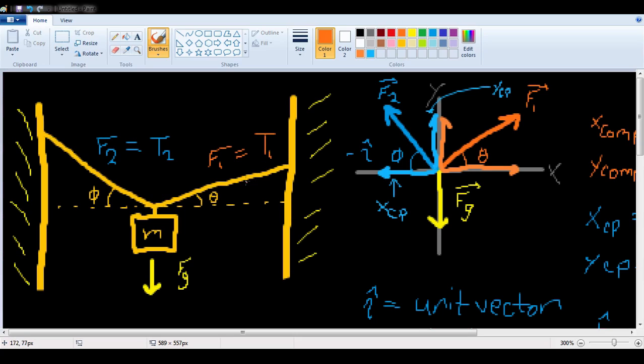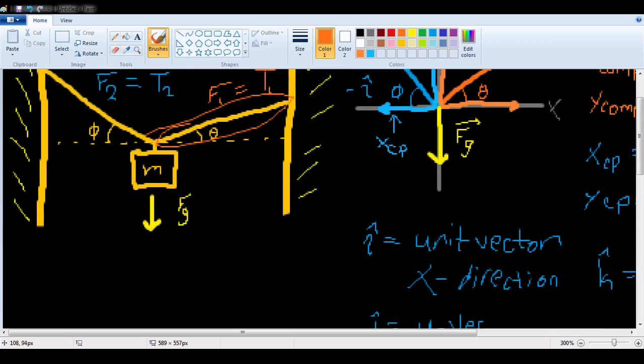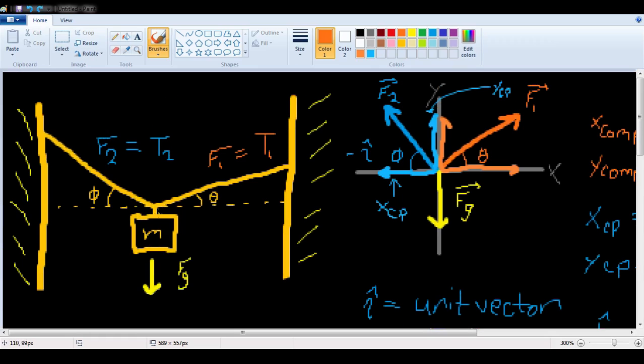And if you're looking for, say, tension 1, what is the total force that this rope right here is applying on this block of mass to keep it from falling, obviously, because it's not going to fall if it's hanging from a string, right? So we want to find F1, or the tension in this rope. So how do we do that?